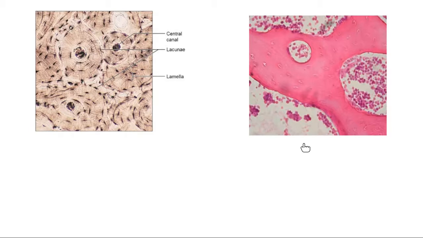Here's a question that students sometimes struggle with. When we talk about lacuna, what did we say in lab that this word lacuna meant? What does the word lacuna mean? Yeah, so a lacuna is a home.